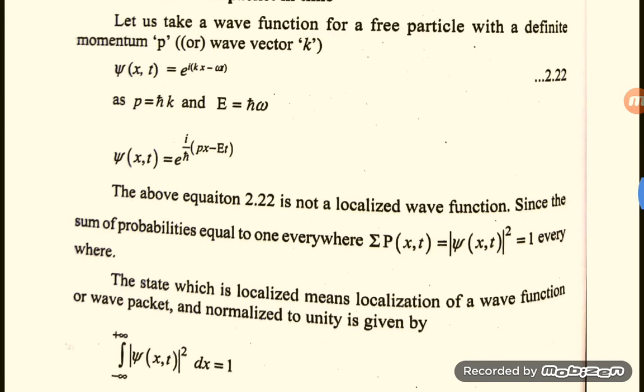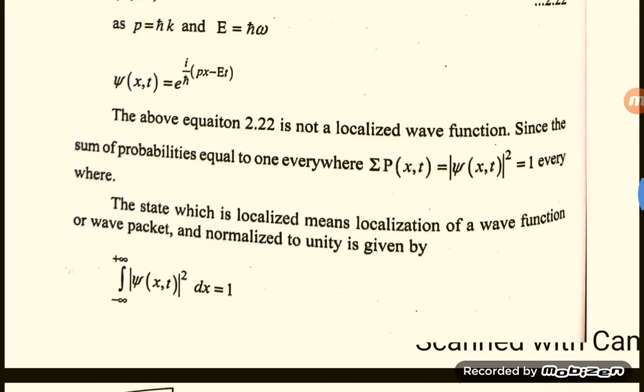If it is localized, then there must be a chance to find the particle within the spatial distribution of that wave packet. So this state, which is localized, meaning localization of a wave function or wave packet, and normalized to unity, is given by the equation. Within the region where the particle should be present, only then can we say that it is a normalized wave function.